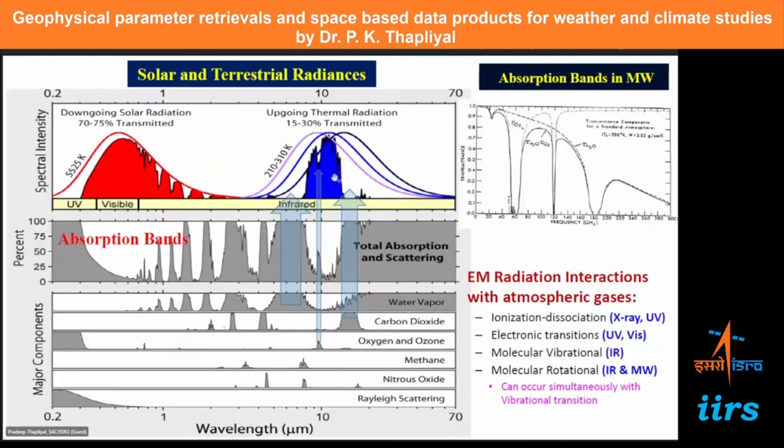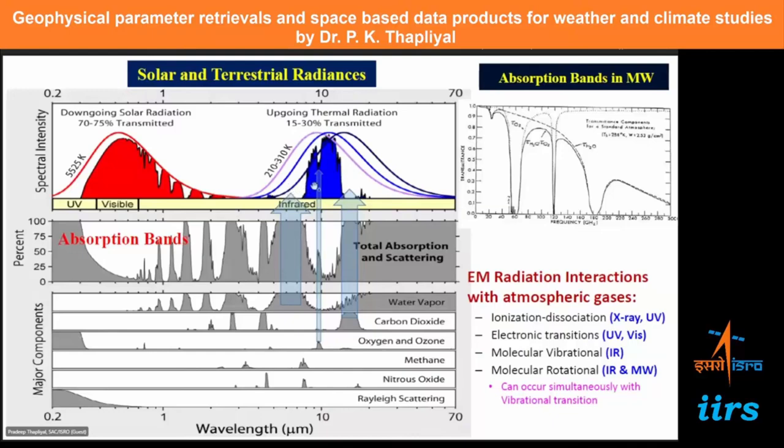Now, if you see Earth's radiation, if Earth was emitting and there was no atmosphere, at the top of the atmosphere we would still receive radiation as per the Planck function. But when you keep your radiometer at the top of atmosphere, you do not get this type of spectra.